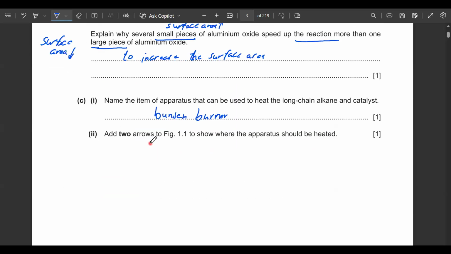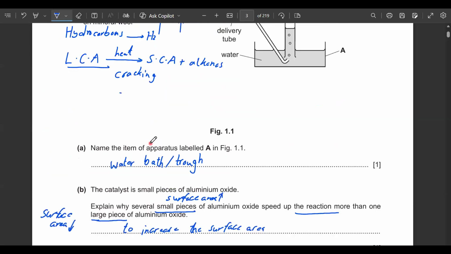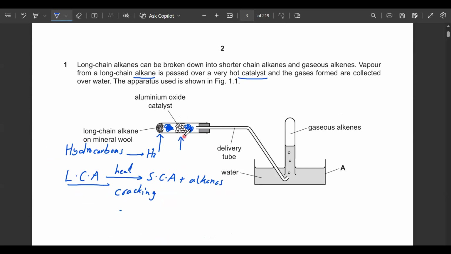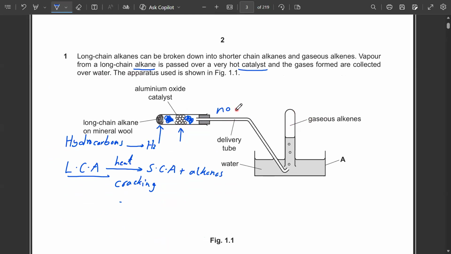So we know that the reaction is being done by the heating of the wool, by the heating of the catalyst, and the gaseous alkenes are being collected over here. Once they are all completely used up, there will be no more gas moving inside this delivery tube.